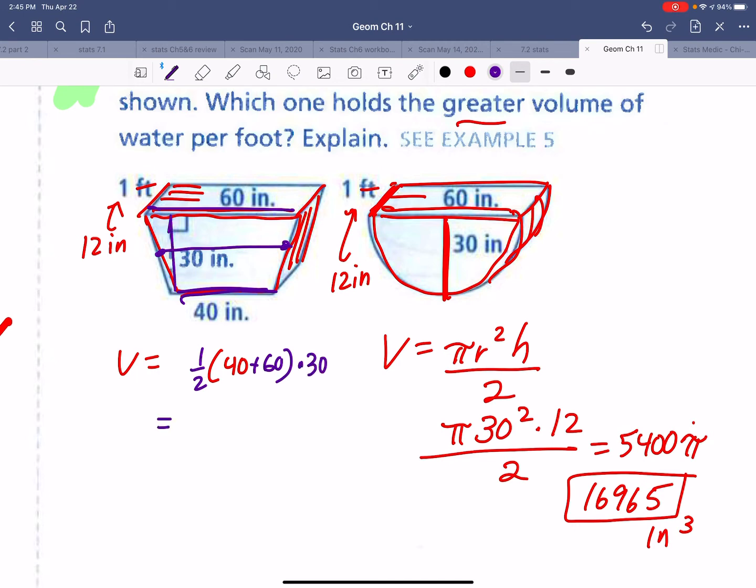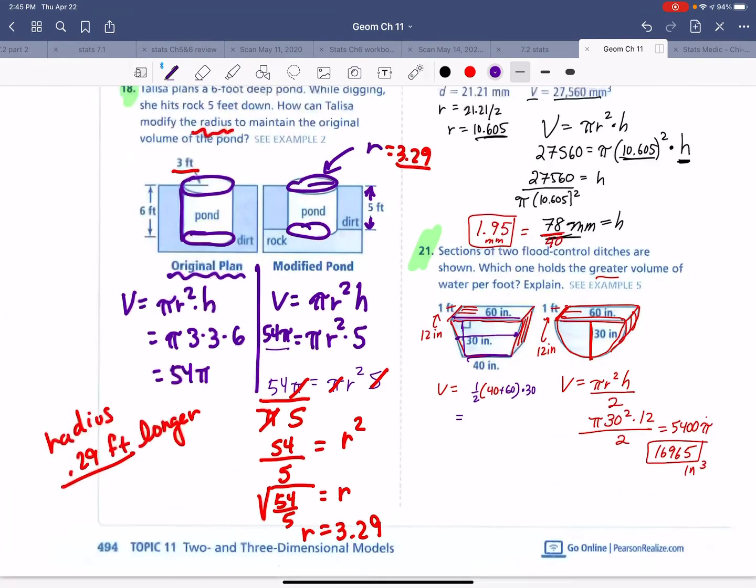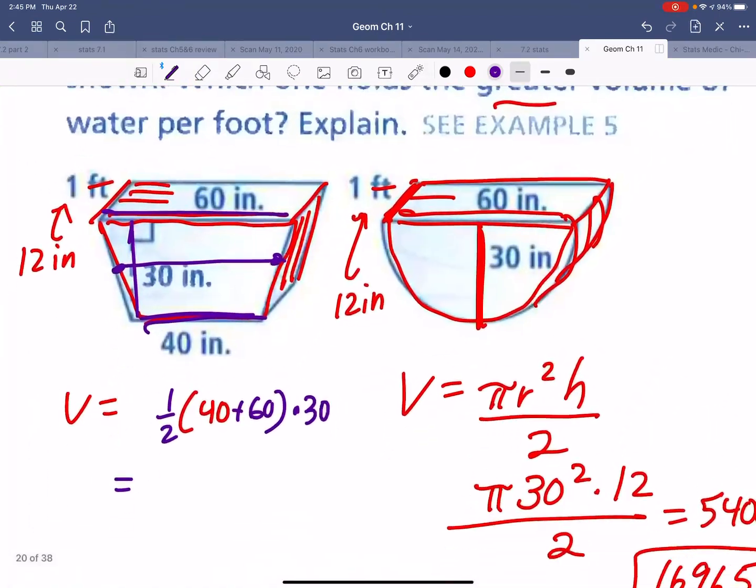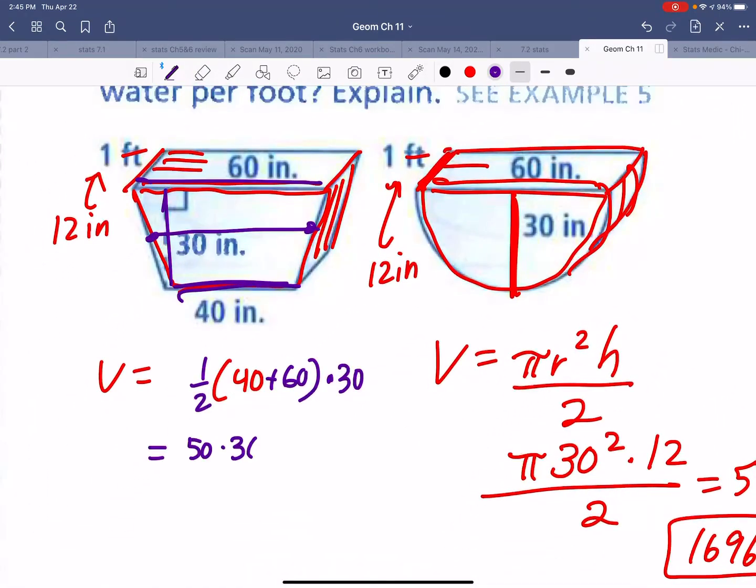So what do we get here? We get 50 times 30, or 1,500.